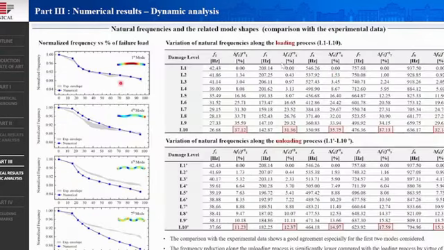Here, the comparison with the experimental data shows a good agreement between the numerical and the experimental normalized frequency, especially for the first two mode shapes, since they are typically affected by lower uncertainties deriving from measurement error and dispersion of the experimental data.